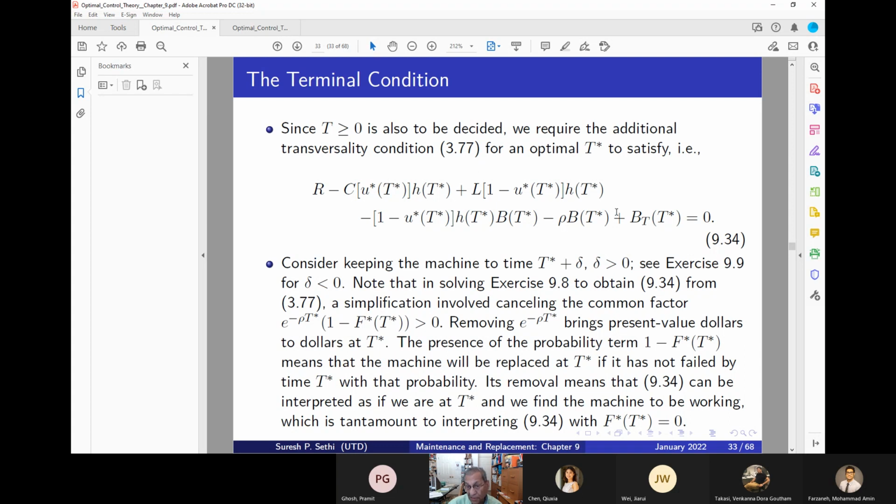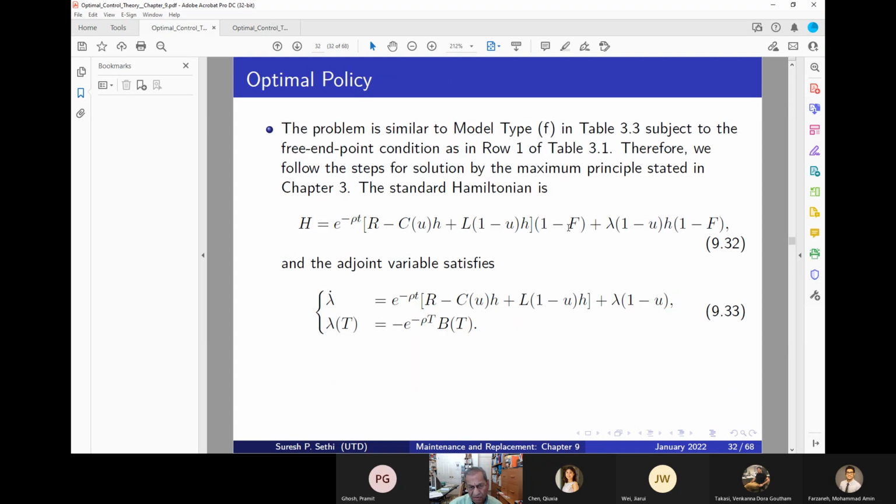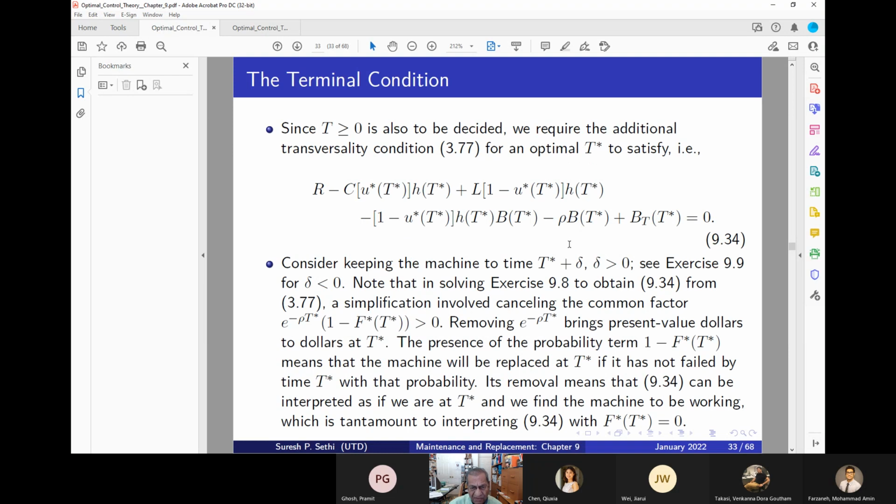So this condition is rather complicated. Kamien Schwartz doesn't really give you a good explanation of what it means, because if I give you this condition for optimality of T star and ask you to write an explanation of that in words, it is not that easy.